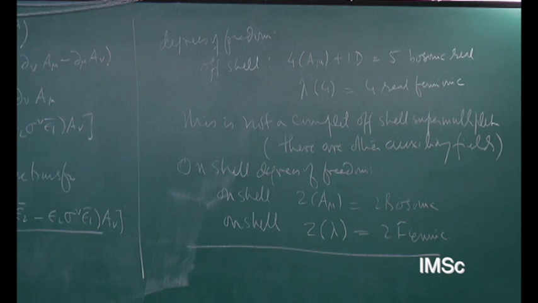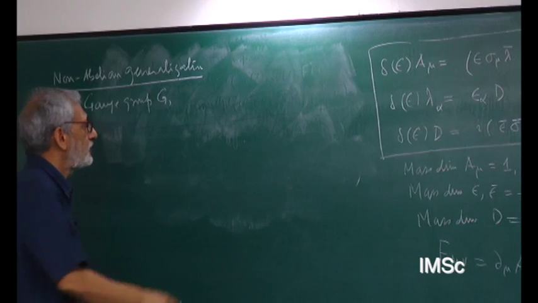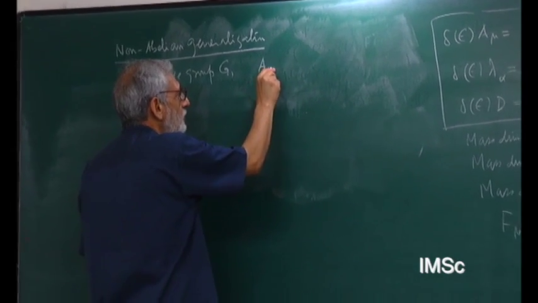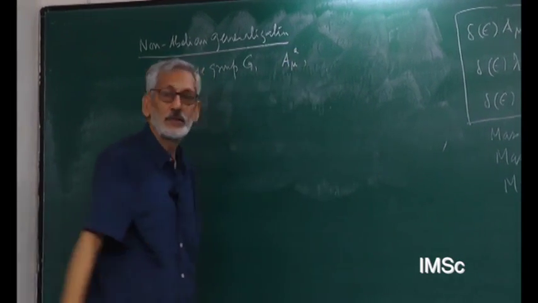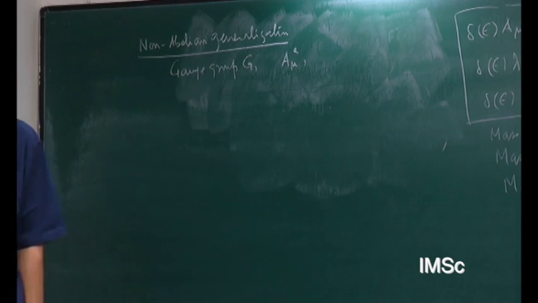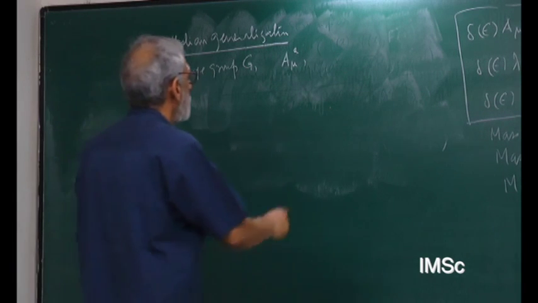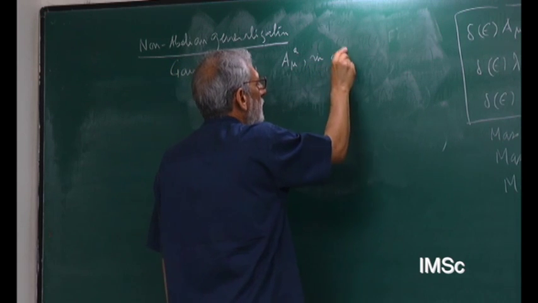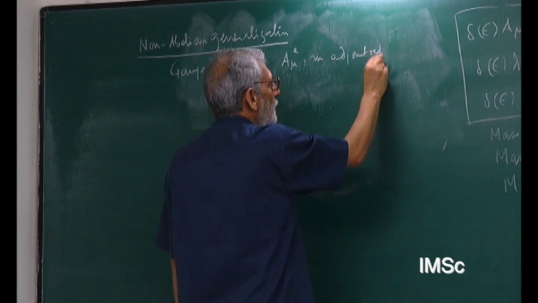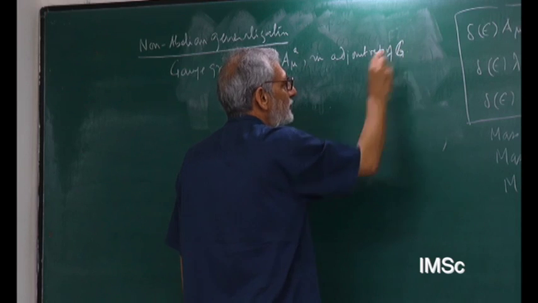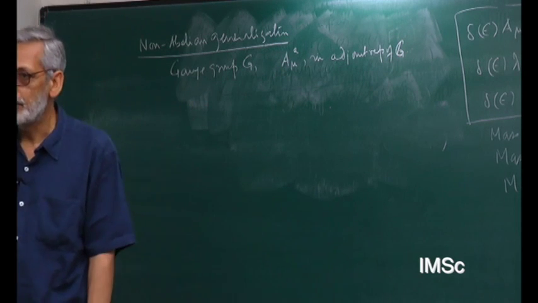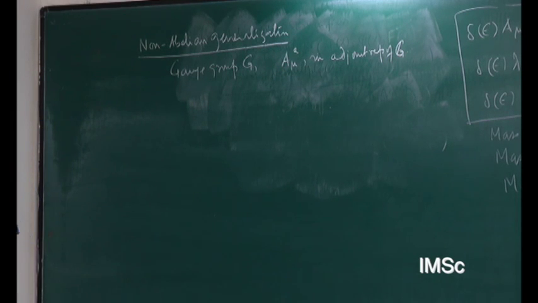Non-abelian generalization means that I would have a gauge group G, and I would have an associated gauge field A mu. A is the internal space index in the adjoint representation of G. Adjoint is a self-conjugate representation. So, real representation in some sense.